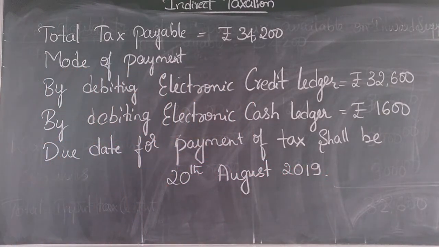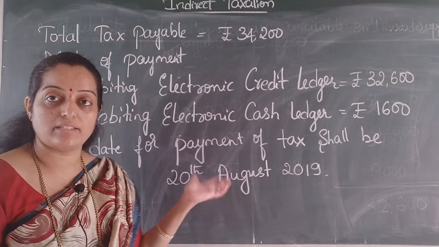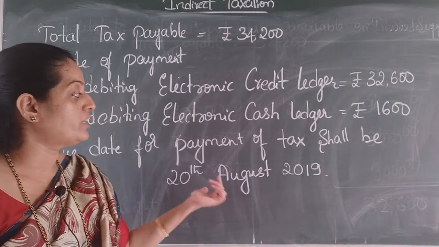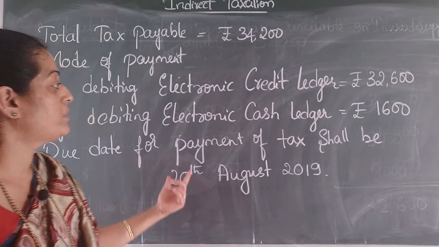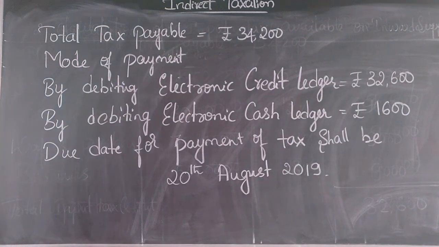See, as I said in the last problem, the due date of the tax shall be the next month or succeeding month. 20th is the date. So July 2019 the supply is made and the due date for the payment of tax is 20th of August 2019. Okay, that's all.